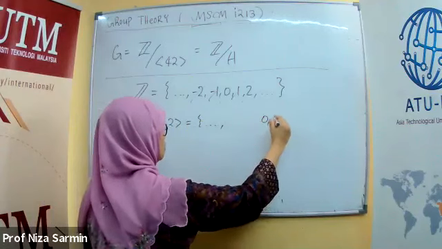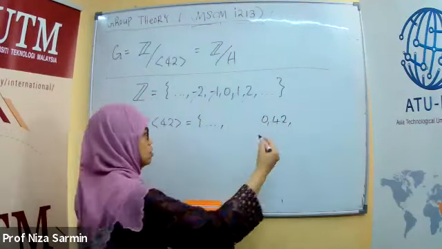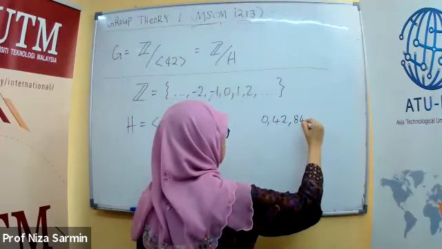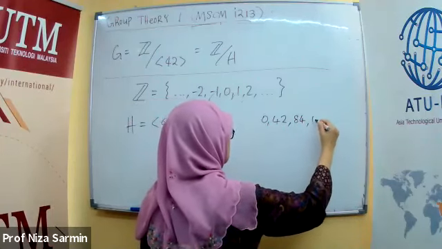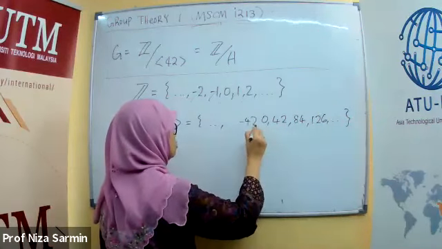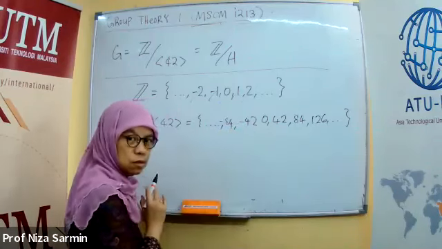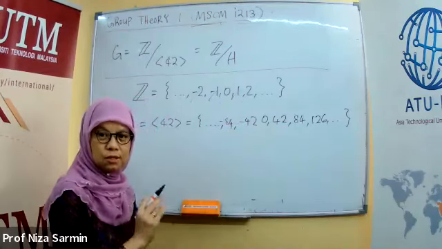So 0, 42, and then 84, right? 126, and so on. Negative 42, negative 84, and so on. Okay, so this is 42.